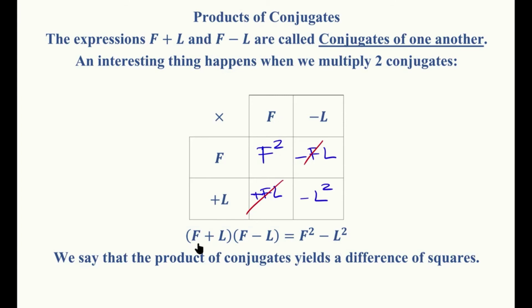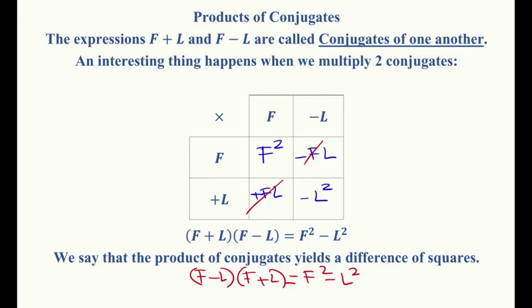Now, make sure that you recognize the fact that whether it's a sum first, then a difference, or a difference first times the sum of the same two terms, makes no difference. You end up with the same rule, f squared minus L squared.